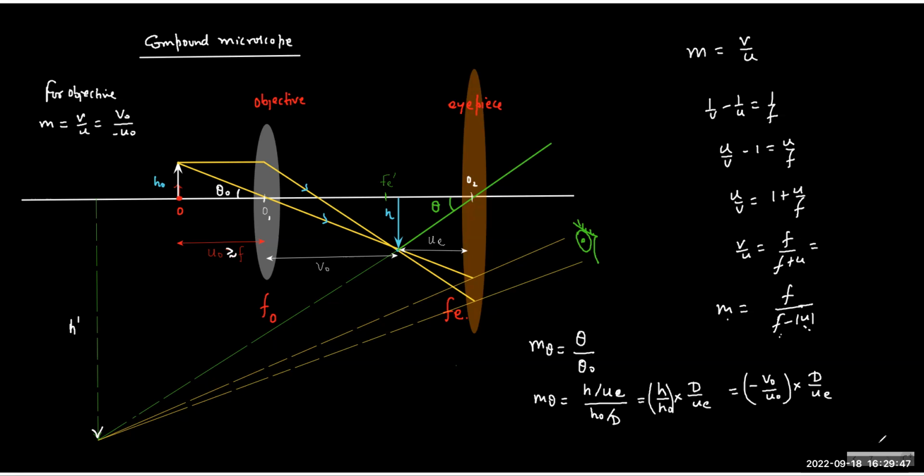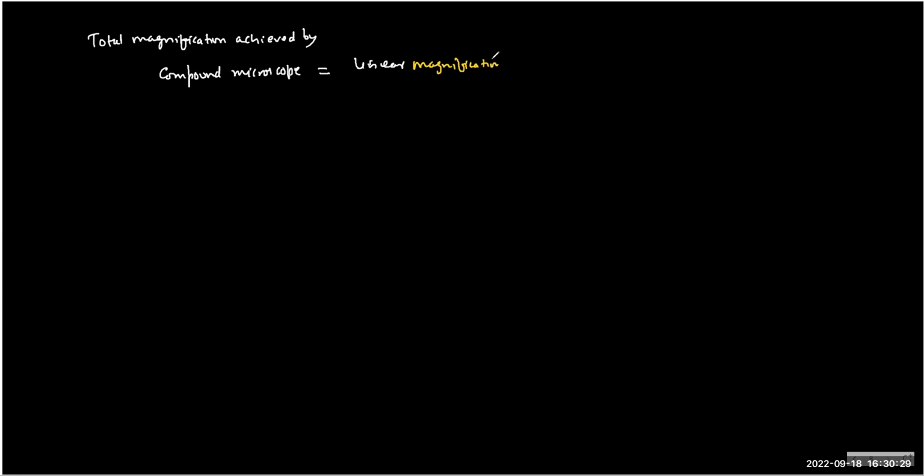So we can see that the overall total magnification achieved by the compound microscope is equal to the linear magnification of the objective multiplied by the angular magnification of the eyepiece.